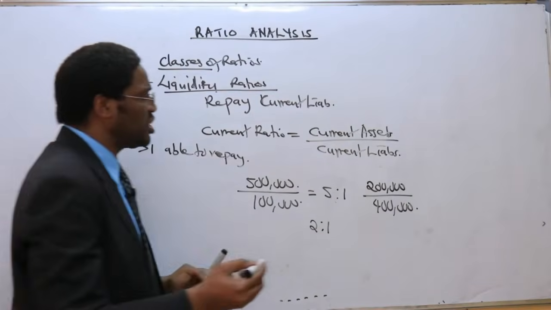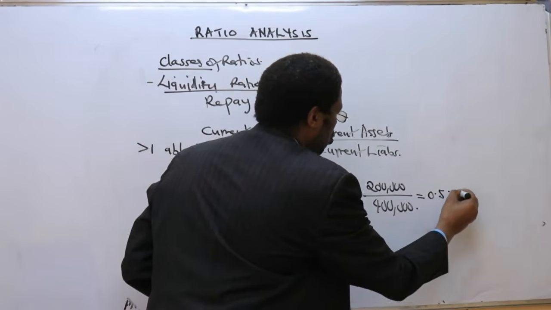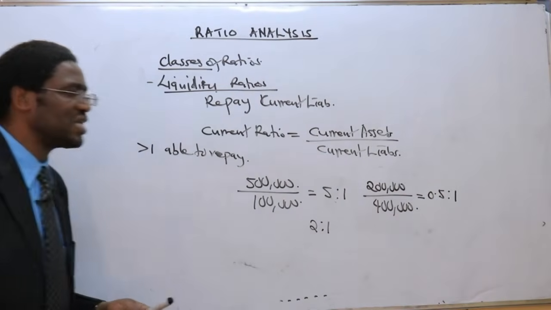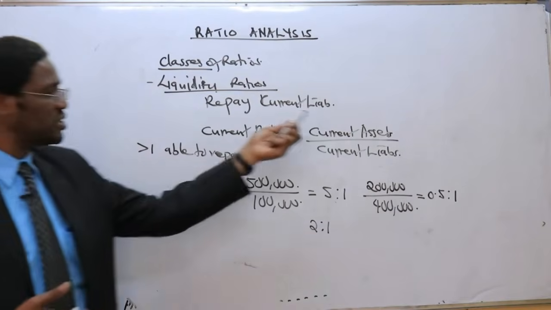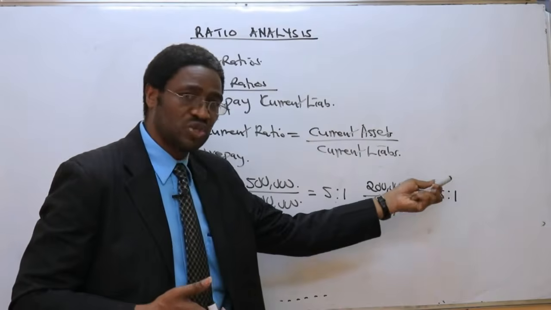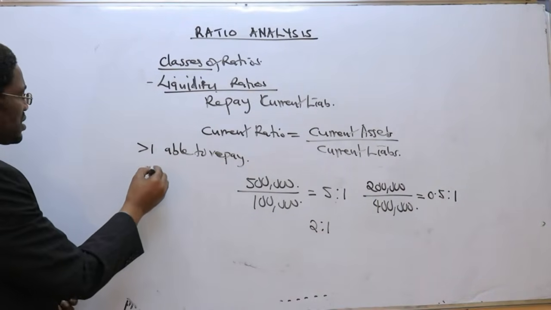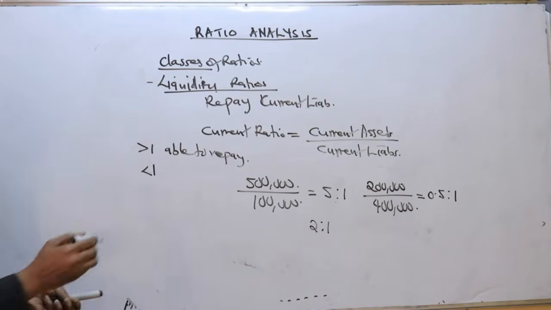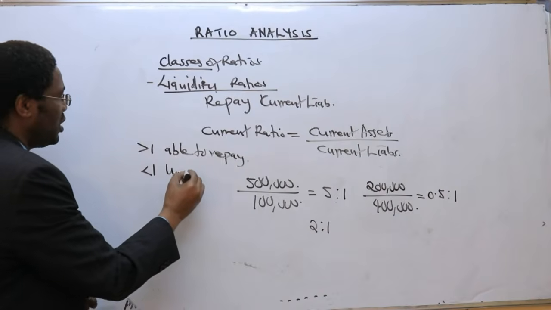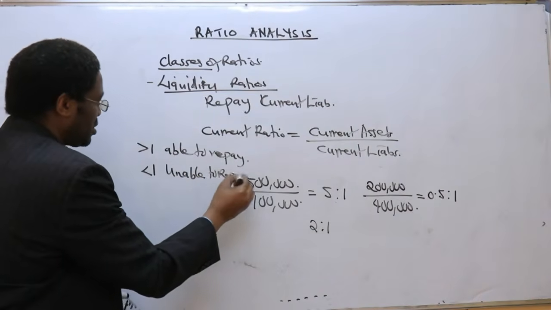So this will be given to us as a ratio, which is 0.5 to 1. So the point is this: when you get a ratio which is less than 1, that means that the firm is unable to repay its current liabilities.